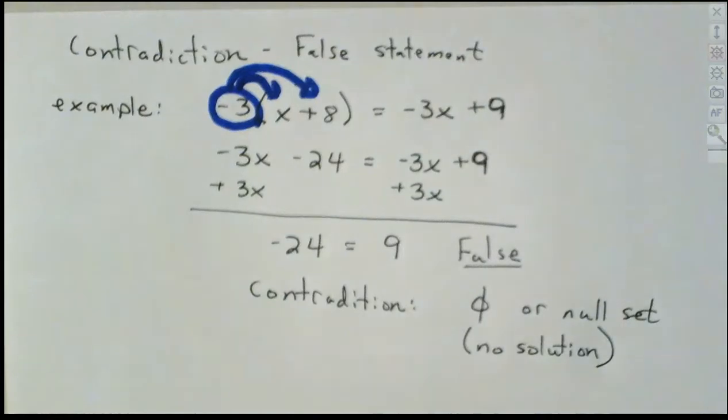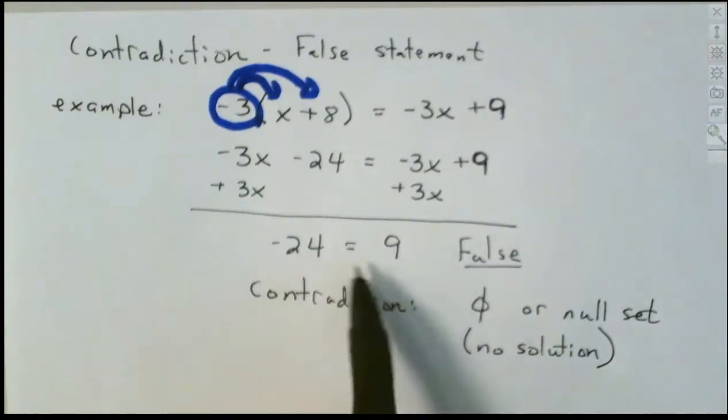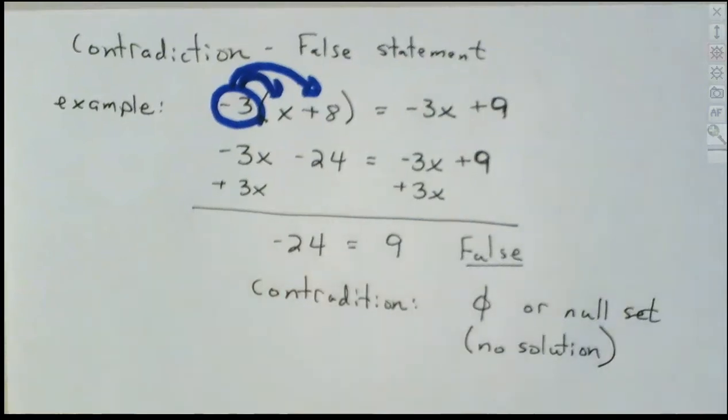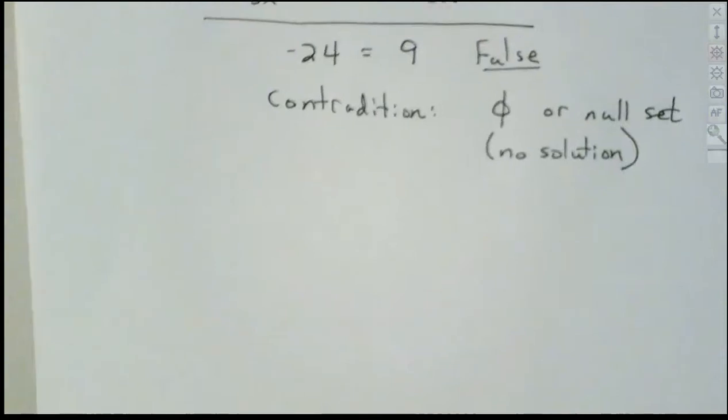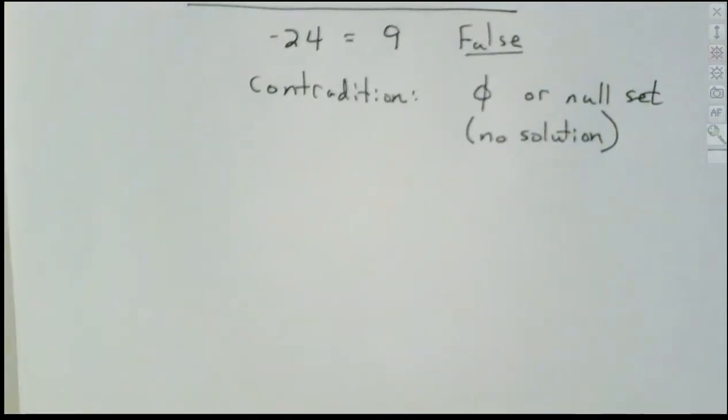If, when I work it out, the sides are the same, that's an identity. Infinite number of solutions. If I work it out and the variables disappear and the sides are different like this, that's clearly a false statement, and that's a contradiction. So those are the 3 types of equations that we're going to encounter.